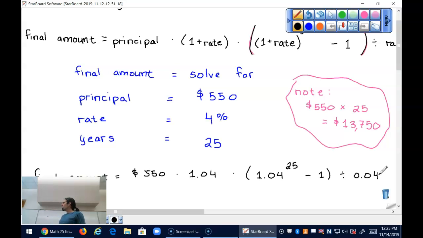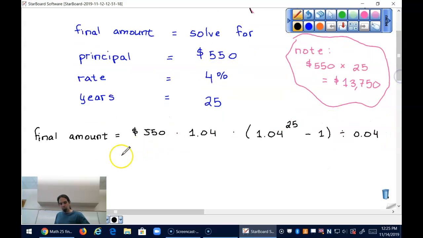But I can't get around the parentheses that's making the subtraction one group of things. I have to keep those parentheses around. Okay, what is this? 550 times 1.04 times parentheses 1.04 to the 25 minus 1.